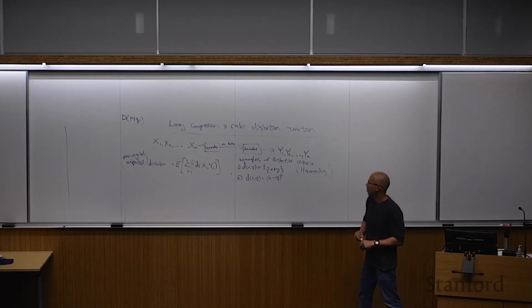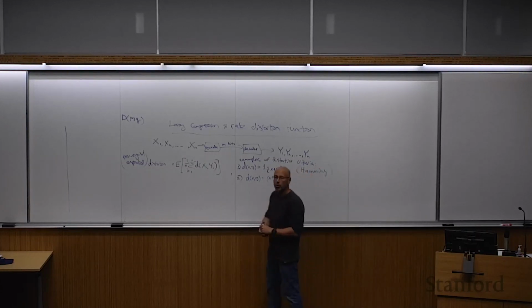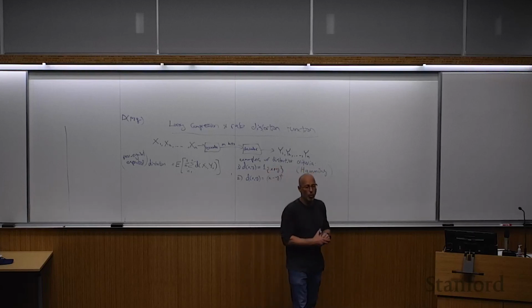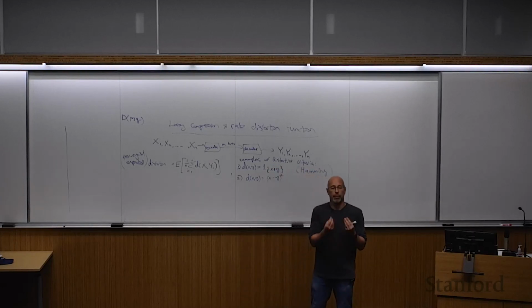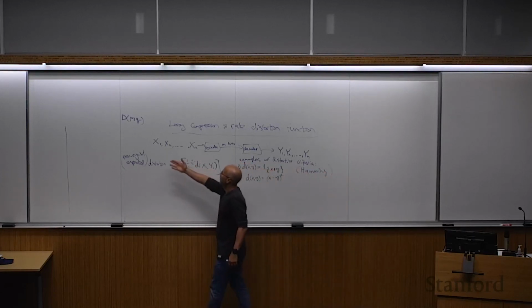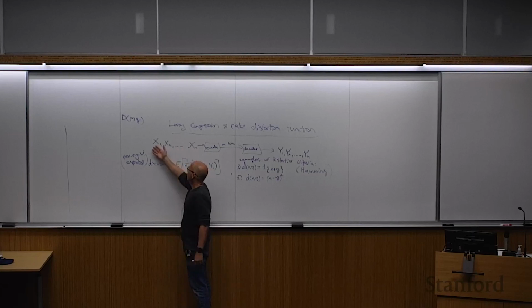Usually in an application, you'll tell me what is the most relevant distortion criterion. Let's say this is genomic data, nucleotides taking values in a space of size 4.